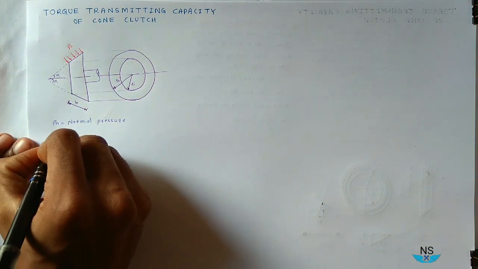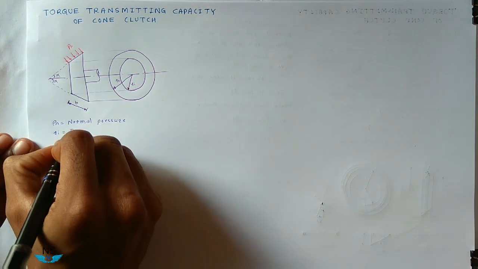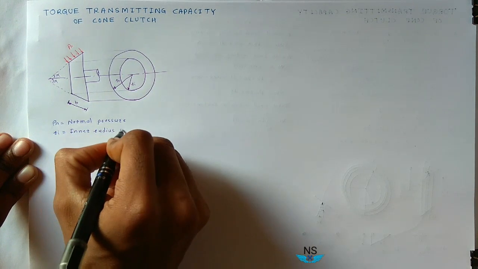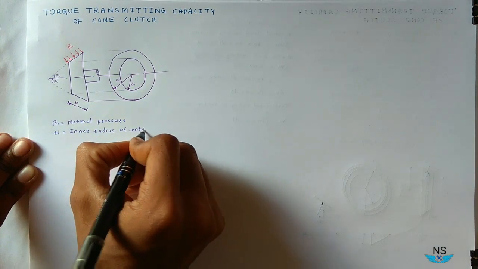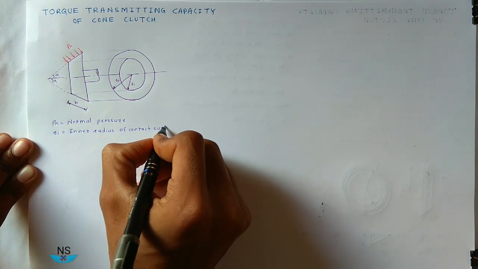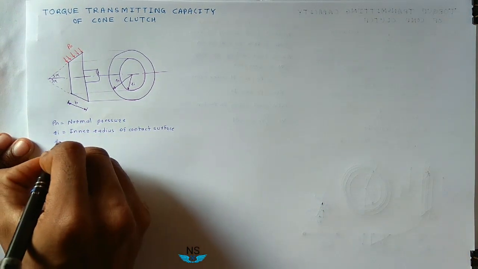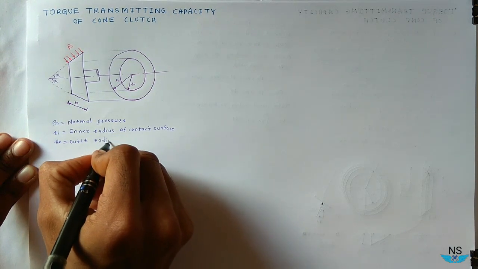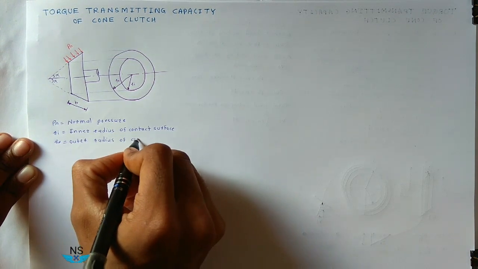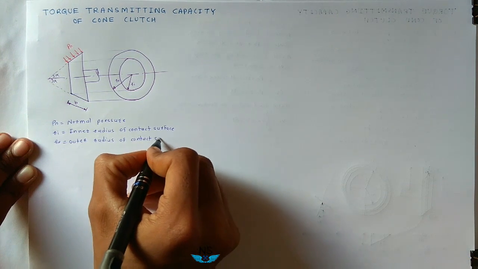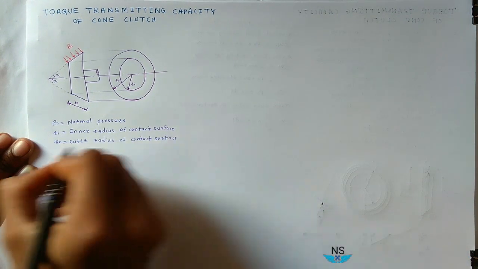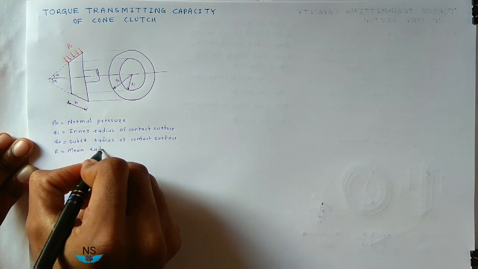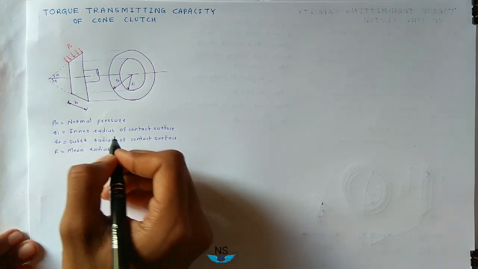Now Ri is the inner radius of contact surface. Then Ro is the outer radius of contact surface. Then R is a mean radius. What is mean radius? We will see later.